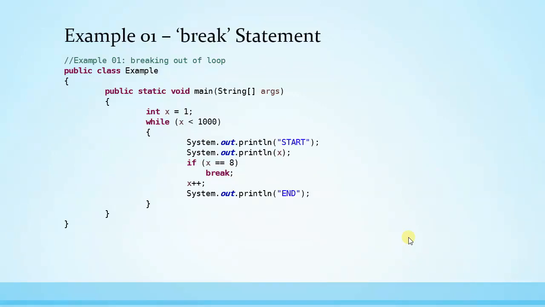The condition checks when x is lesser than 1000. Then inside the body, we are incrementing x in each iteration. So x plus plus will increment the variable x. This means the loop will iterate 999 times.